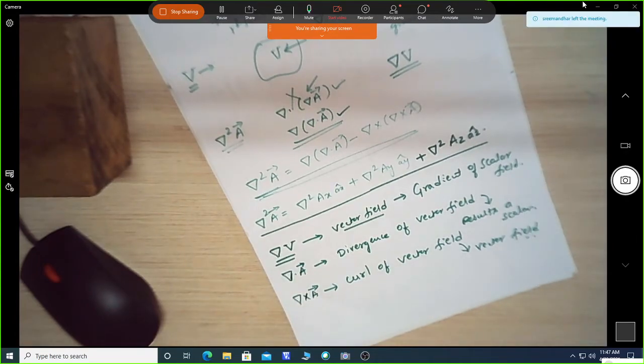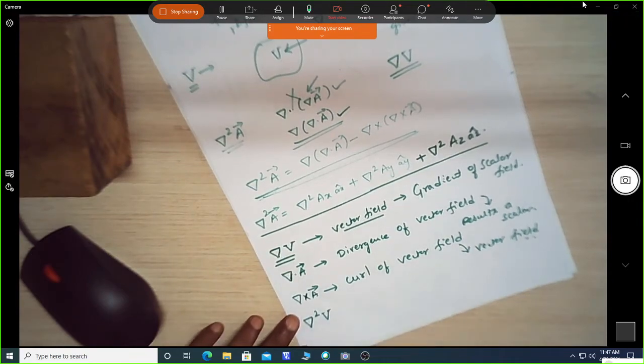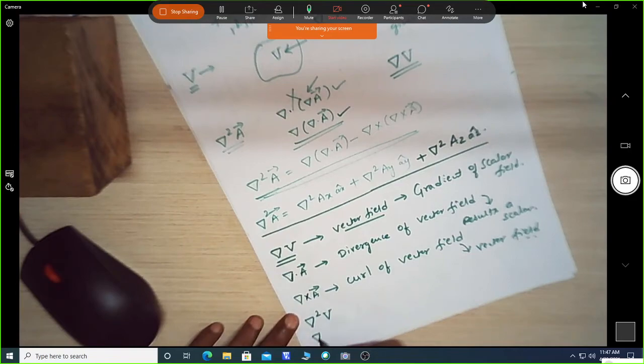And finally we have the Laplacian of the scalar field V and the Laplacian of a vector field.